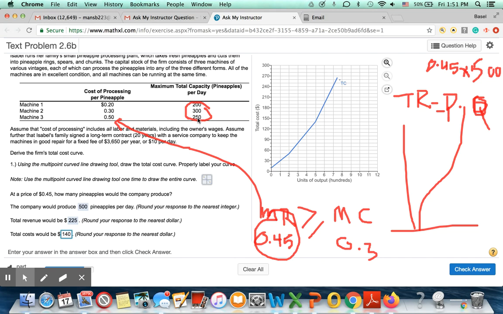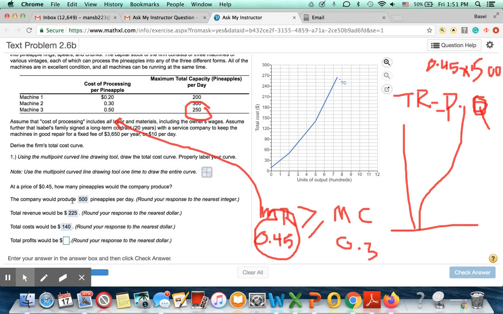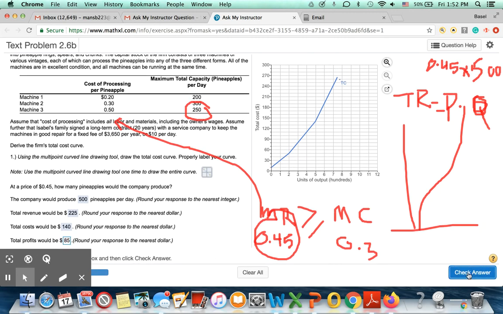Second machine would cost you 90 plus 50, 140. Total profit is total revenue minus total cost. So 225 minus 140 is 85. That's it. Thank you.